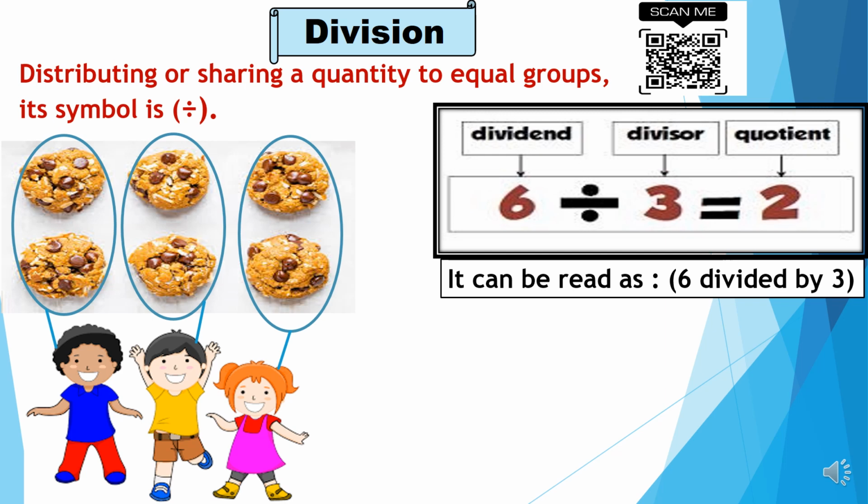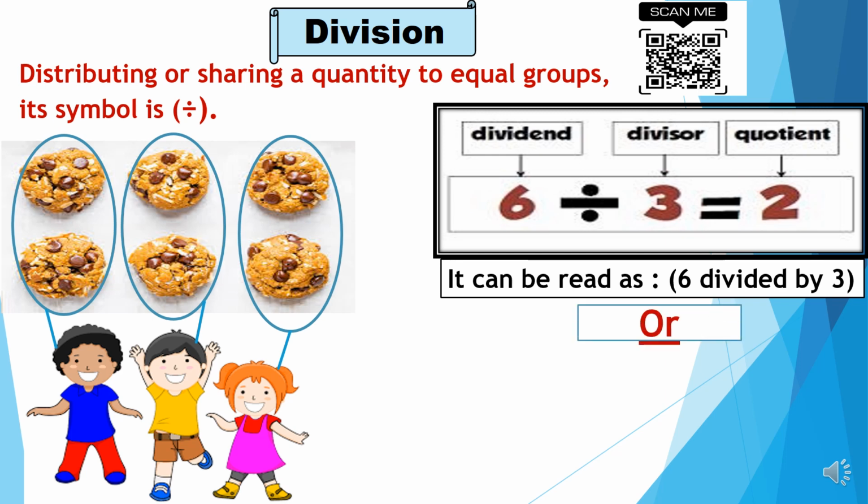Here in division we have dividend, divisor, quotient. The first number is called the dividend, the second number is called the divisor, and the third is called the quotient. So dividend, divisor, quotient.